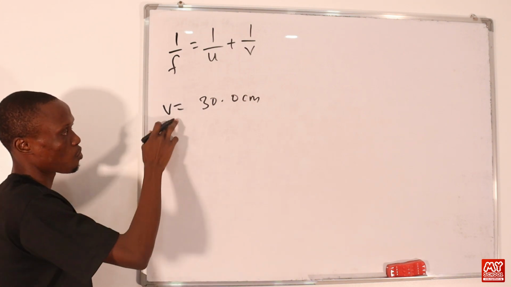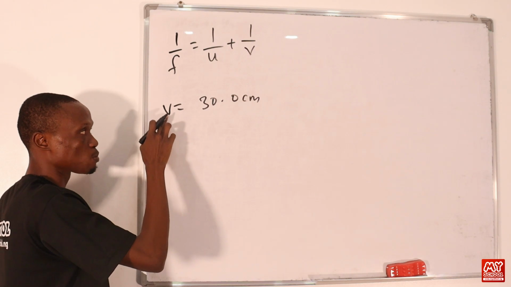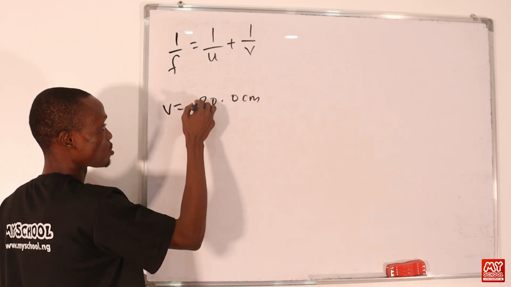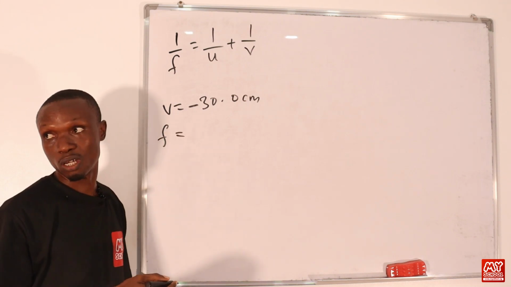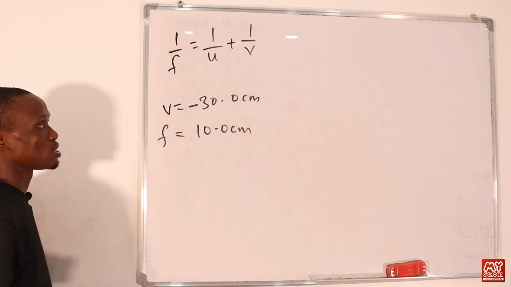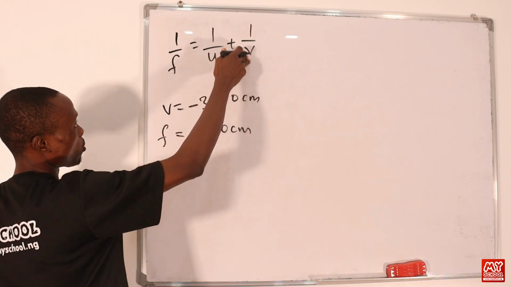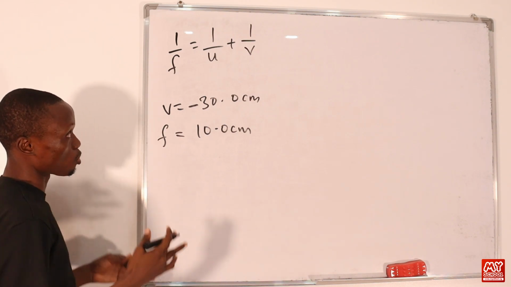But remember, for a magnifying glass or a simple microscope, the image produced is virtual, so this is going to be negative. Then f still remains positive, that is 10.0 centimeters. So here we can solve for u, which is the distance of the object from the lens.